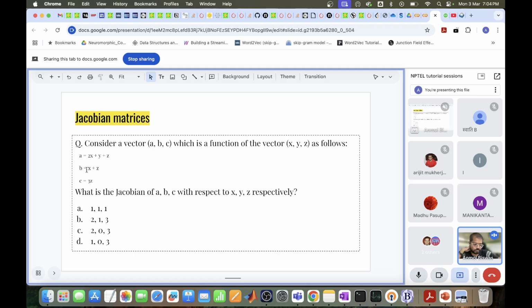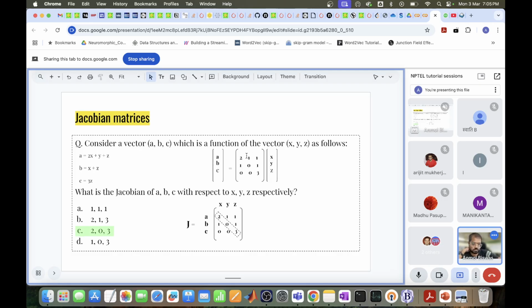You have three linear equations in three variables. You can say that x, y, z are the free variables, A, B, C dependent variables. This is a linear function essentially, and you can represent it as a matrix vector product.